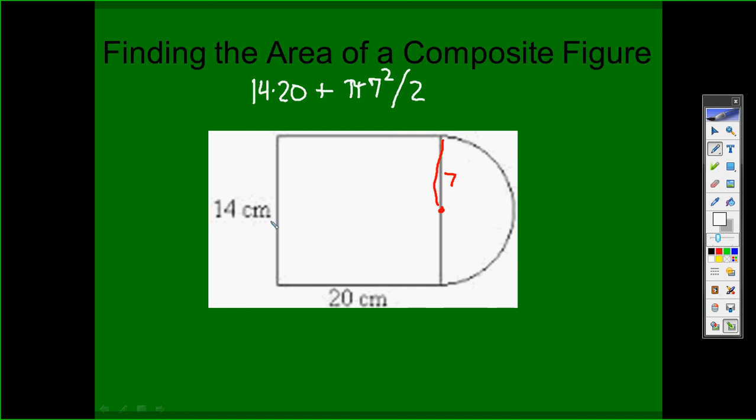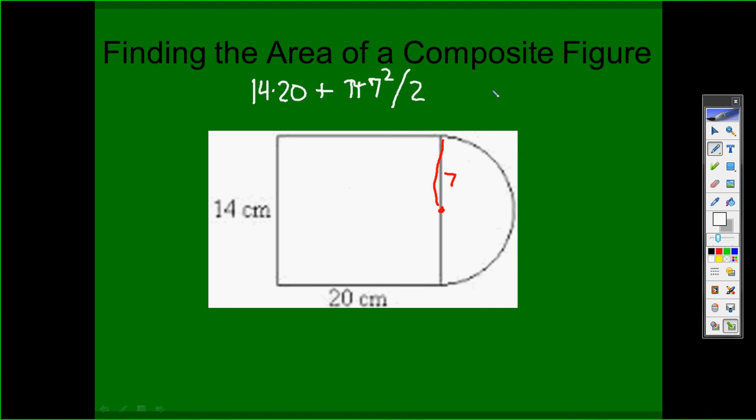divide it by 2. So I've got 14 times 20 gives me the area of this rectangle. Pi times 7 squared would give me the area of an entire circle, and then I divide it by 2 because it's only a half circle. So 14 times 20 plus pi times 7 squared divided by 2.